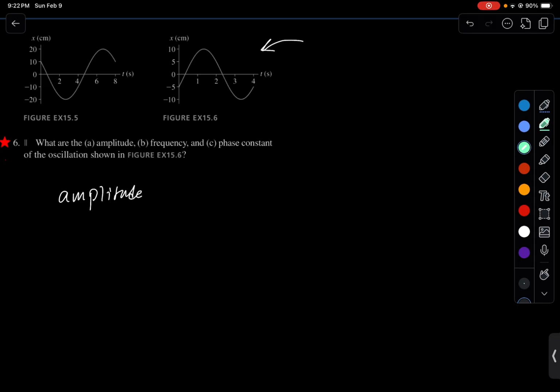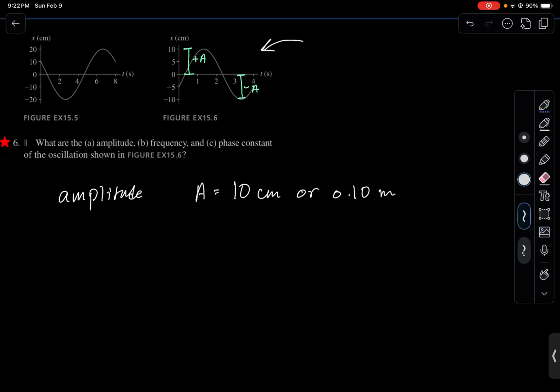The extremity of this graph is 10 centimeters from 0, and again from 0 to minus 10. This is our positive amplitude, this is our negative amplitude. So the amplitude here is 10 centimeters or 0.10 meter.